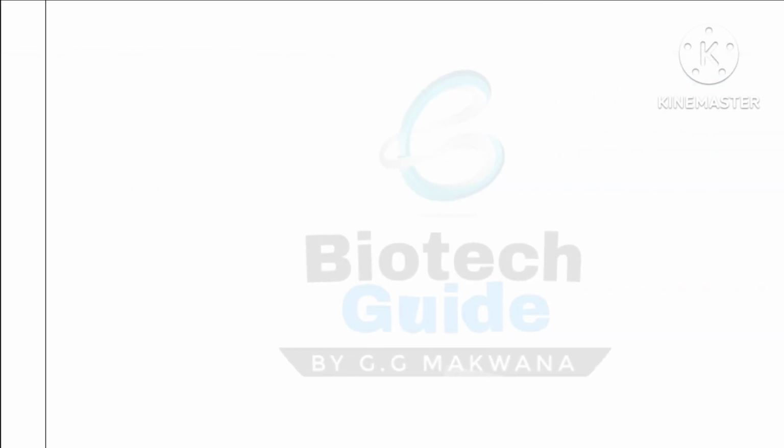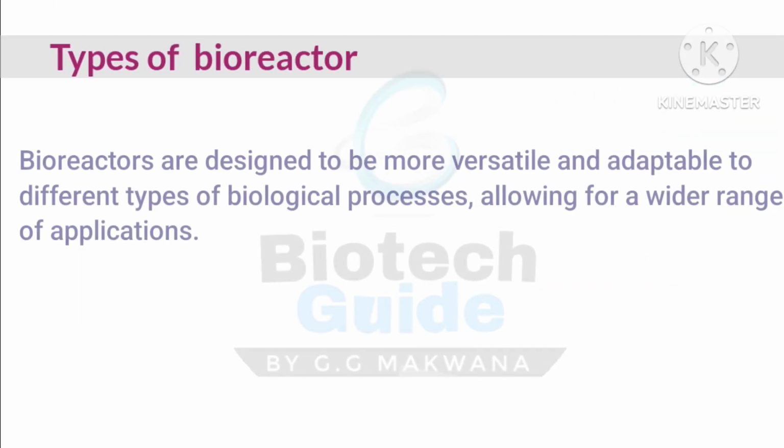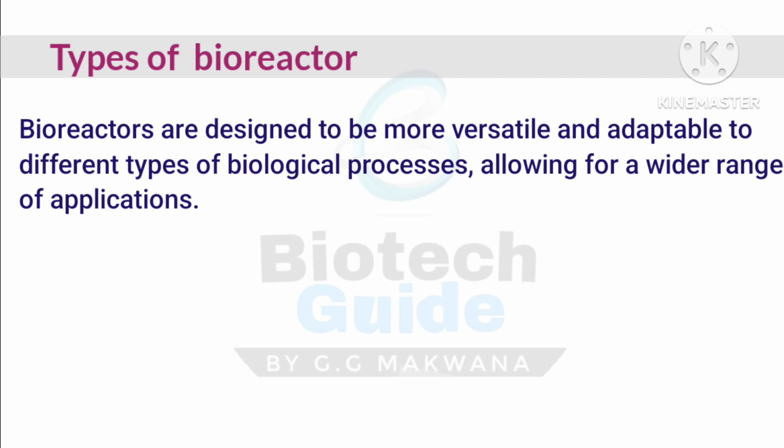Now we are going to discuss the types of bioreactor. As we discussed in the difference between bioreactor and fermenter, any biological process requires a specific or a versatile adaptable bioreactor.